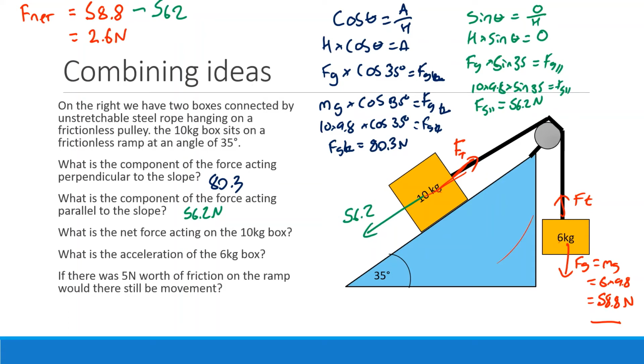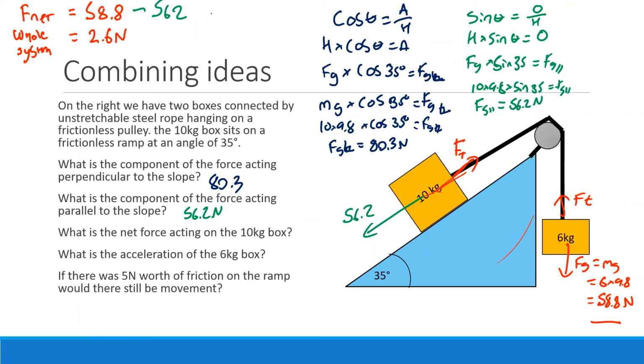But this is the clear part where I made the mistake: this 2.6 newtons is the net force of the whole system. That means I can't just write that 2.6 here, because that 2.6 is the net force of the whole system.